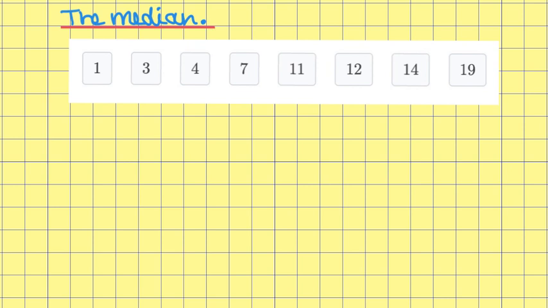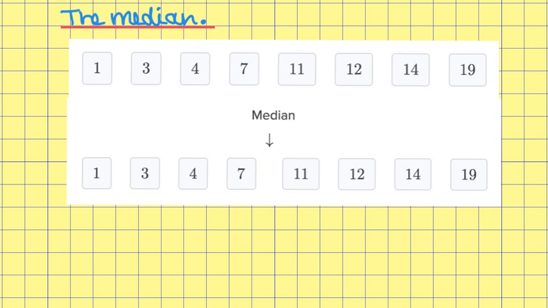The median is the middle value. So the median falls halfway between 7 and 11. If we add these two together, 7 plus 11, and divide by 2, we get 9. So the median is 9.